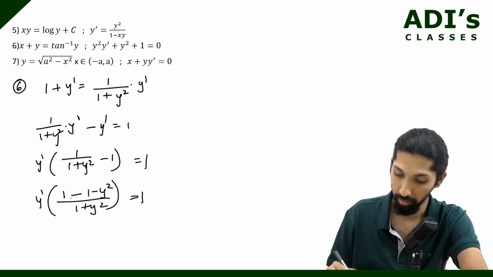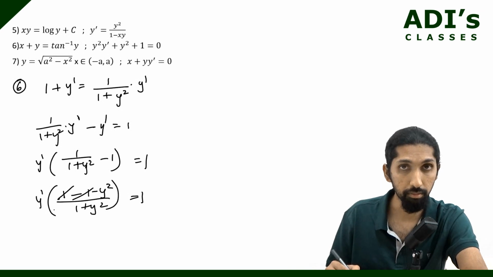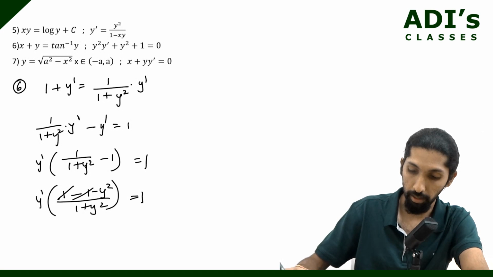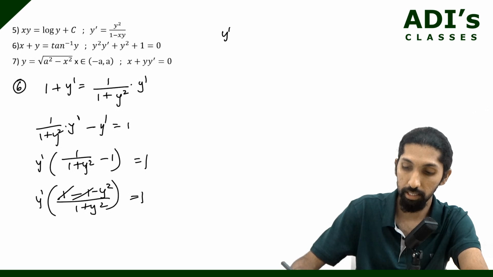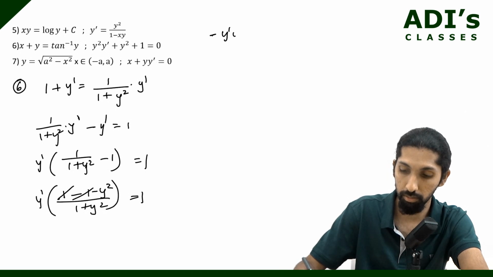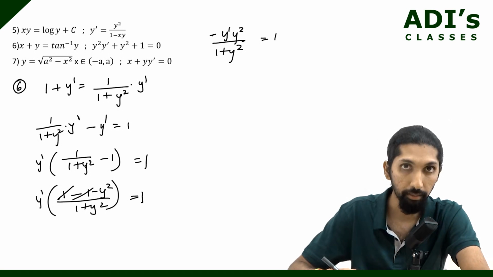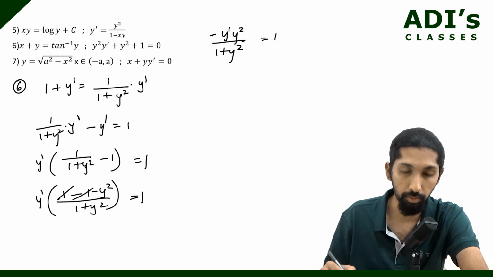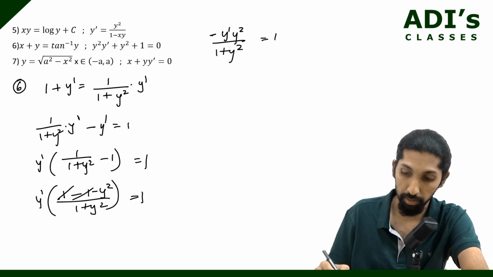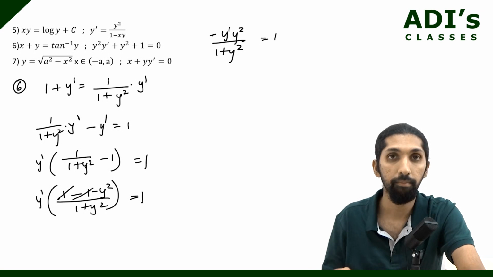Correct? 1 and 1 cancels out. What do we have? y dash into minus y square by 1 plus y square is equal to 1. That is not going to go anywhere.